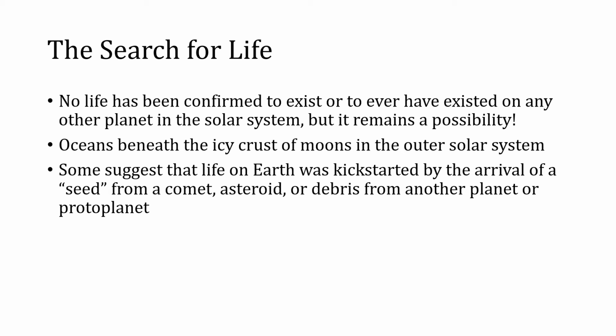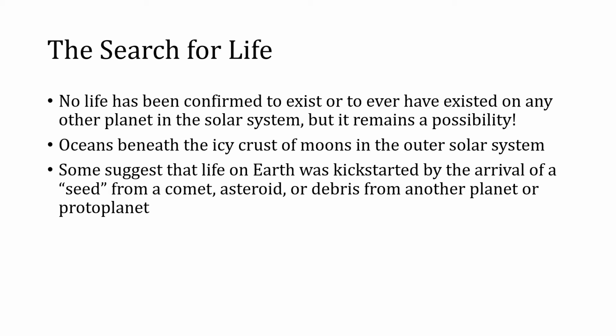But in terms of looking for evidence, there are some promising places like those moons in the outer solar system, like Europa and Enceladus, which we talked about. And there are some suggestions that life on Earth might have actually come to be thanks to microbes, like bacteria arriving from a comet or an asteroid, or the debris from a collision between two other objects in the solar system might have been what brought the seed of life onto Earth.